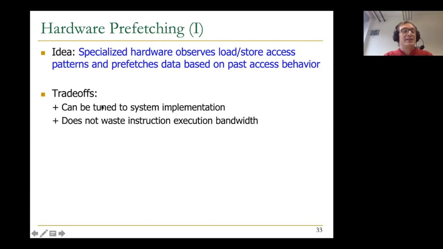You can feed access patterns to a particular specialized block, and that block intelligently generates prefetch requests. So you can adapt to the memory latency, you can adapt to the memory bandwidth, you can adapt to how well you're doing in terms of timeliness, you can potentially adapt to how well you're doing in terms of coverage and accuracy, all of those metrics we have mentioned, but we will discuss even more.